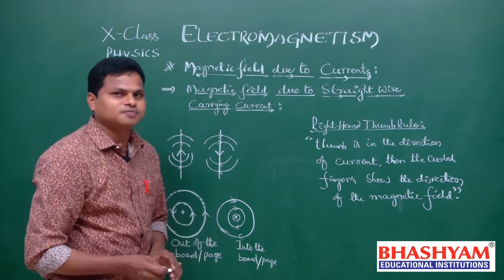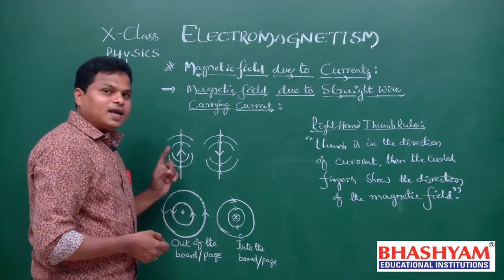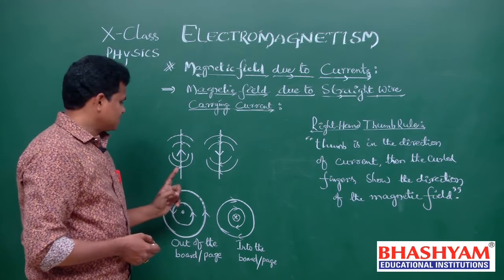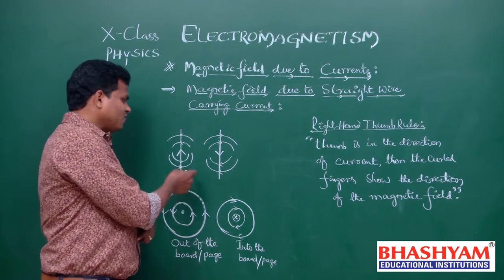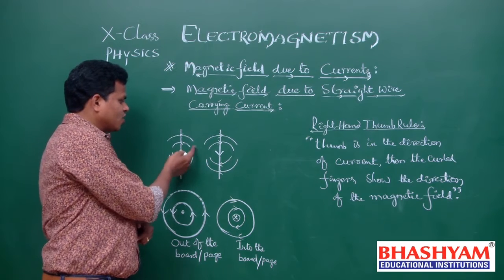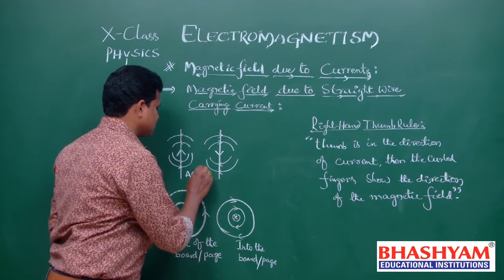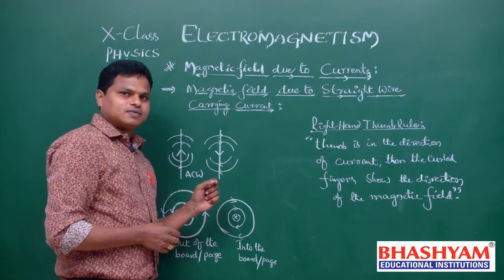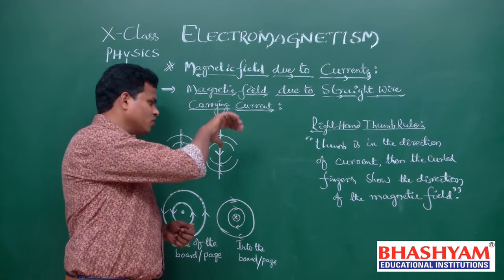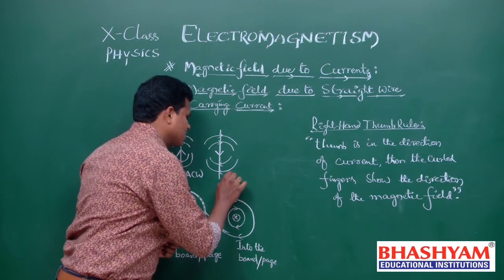Now, from this, what you understood is that when the current passes in the wire in a vertically upward direction, the magnetic field lines direction is anti-clockwise. When the current is flowing vertically downward, the direction of field lines is clockwise.